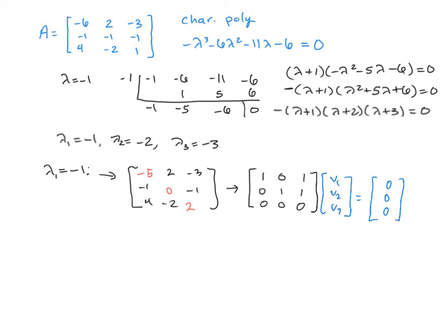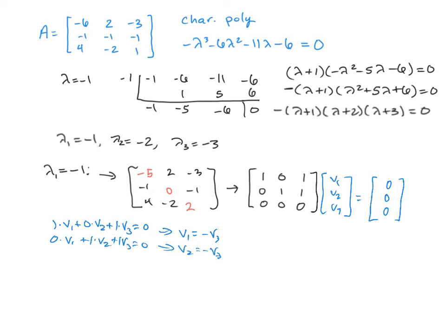So the top row says that 1 of the V1s plus 0 V2 plus 1 V3 equals 0. Implies that V1 is equal to the opposite of V3. The second row says that 0 V1 plus 1 V2 plus 1 V3 equals 0. That tells us that V2 is also equal to -V3.